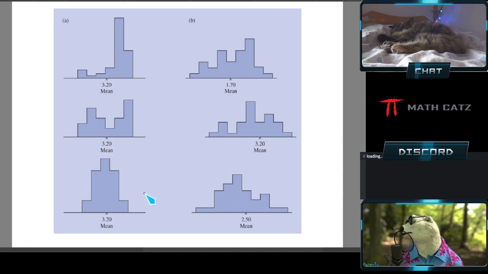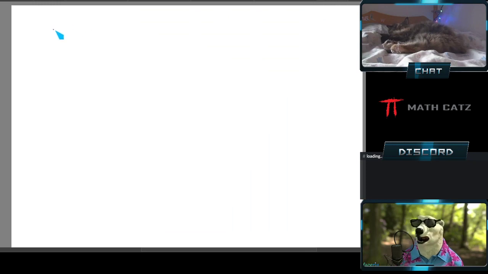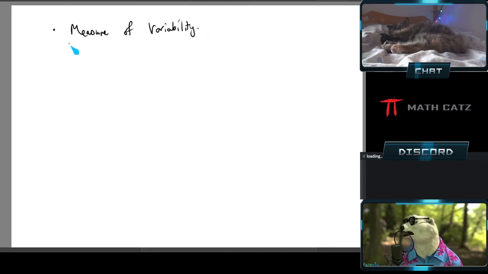All these are different, yet the means are the same. So we need a measure of variability. Let's make my pen big. We need a number to represent the spread away from the mean, around the mean. So I'll just make some notes here.